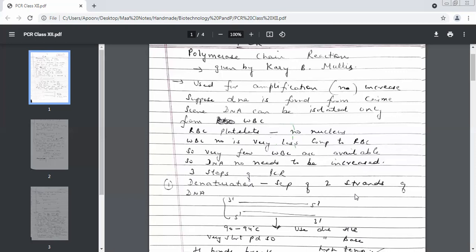And for this, we need to break which bonds? Hydrogen bonds. How did we break the hydrogen bonds? By applying high temperature. How much temperature approximately? 52 degrees Celsius.